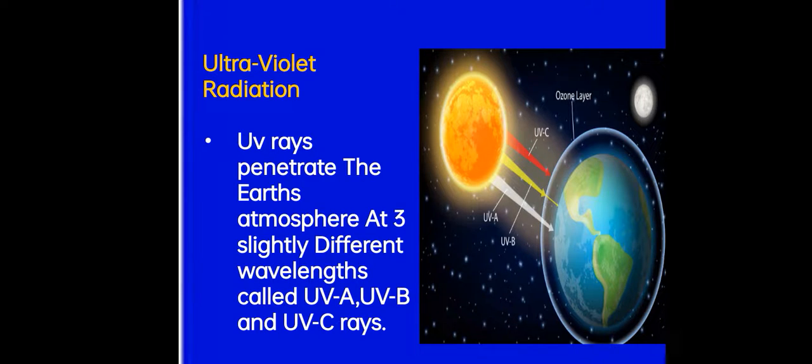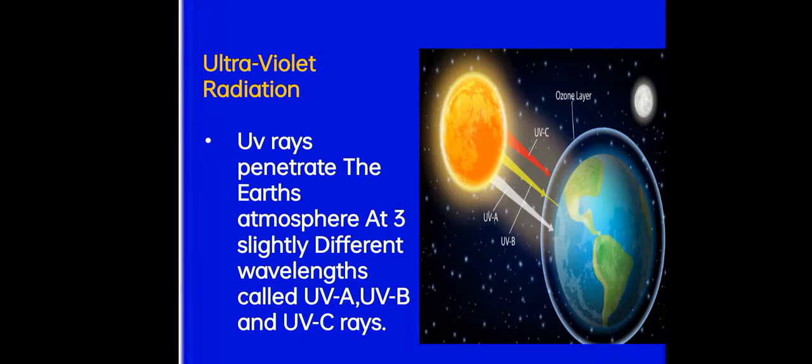UV rays penetrate the Earth's atmosphere at three slightly different wavelengths called UVA rays, UVB rays, and UVC rays. Ang UVA rays are most common and cause skin aging and wrinkles; tanning beds usually use UVA rays.